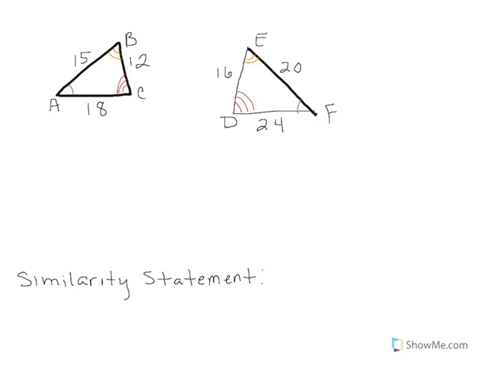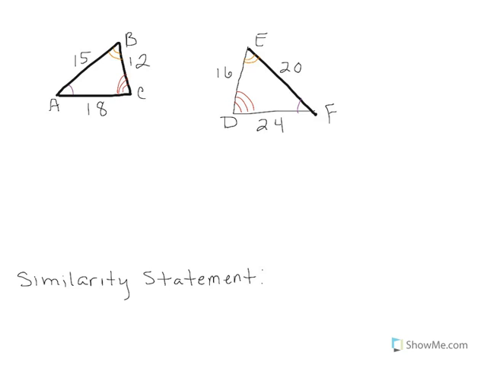Basically, if I were to take the first triangle and flip it over, I could put it right on top of this second triangle, at least for where all of the angles are. So sometimes you need to mentally turn or rotate or reflect these pictures in your mind so that you can get all of the corresponding angles and sides in the right place.